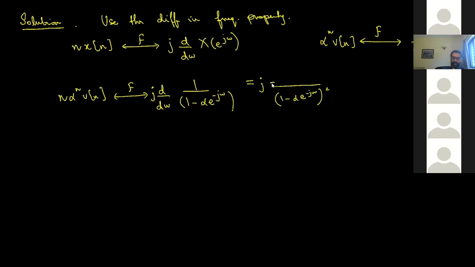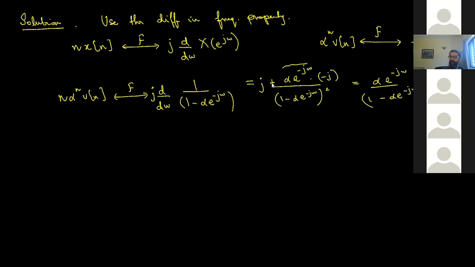Because of this minus, the minus becomes a plus, and then this is alpha times e raised to power minus j omega, and then differentiating this with respect to omega gives minus j on the outside. Then j times j is minus 1, and there's a minus 1 there already, so this is alpha e raised to power minus j omega over 1 minus alpha e raised to power minus j omega whole squared. Okay?